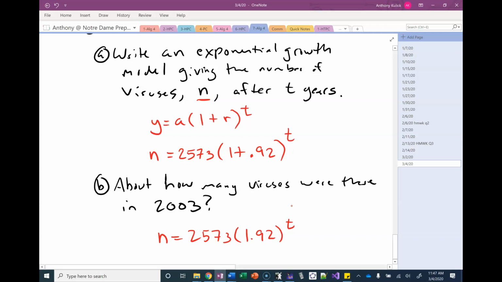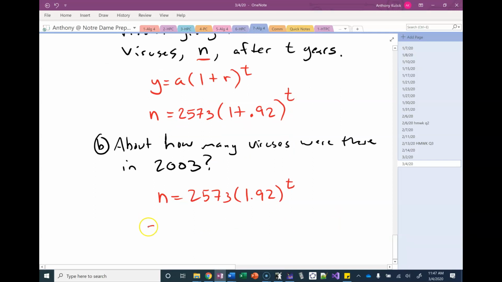Why 7? 7 years. Not just because 7 years was listed in the problem. So 2003 is 7 years in the future from 1996.